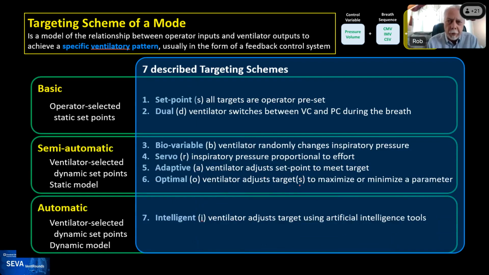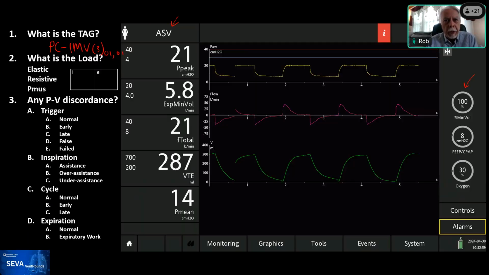But where the optimal comes from is the target tidal volume is calculated based on an equation that attempts to select an optimal frequency and tidal volume that minimizes the power transmission from the ventilator to the patient. The equation was originally developed back in the 1950s when people were studying the way the brain controls spontaneous breathing. And it turns out that the brain knows how to select the tidal volume and frequency that minimizes the caloric expenditure of the body.